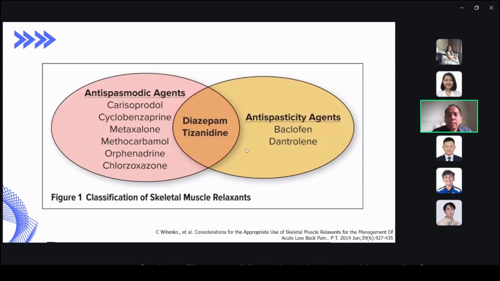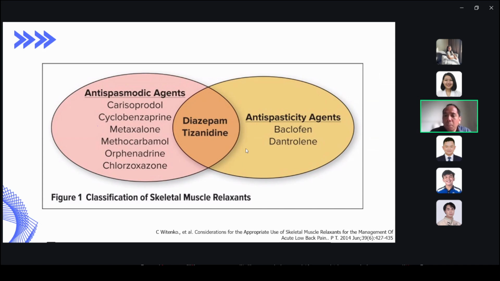And then, so classification of skeletal muscle relaxants, we have the antispasmodic and the antispastic agents. Okay? So, ano yung mga common antispasmodic agents that are available? But these are not, yung sa Philippine market, yung meron tayong oral antispasmodic agent, yung orphenadrine.